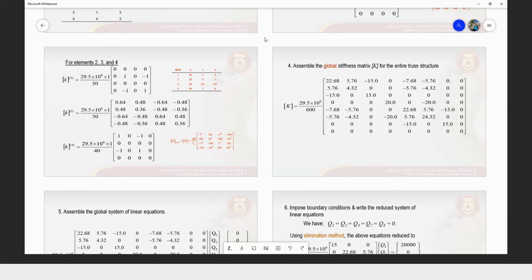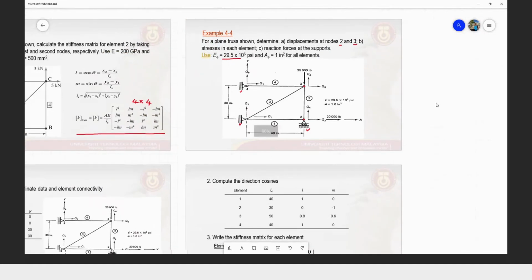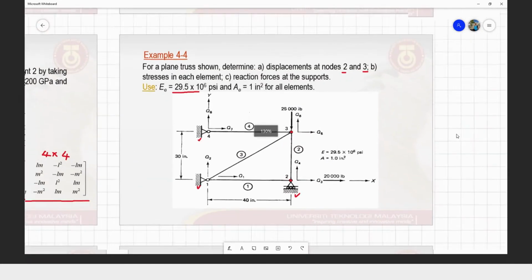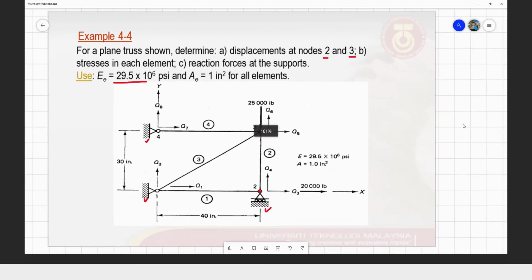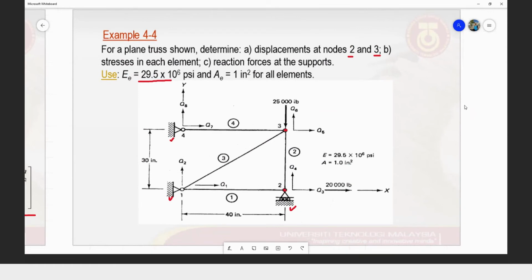But if you follow the approach in the slide, I think it will take a longer time for you to solve the problem. In order to minimize the calculation time, because during the test and exam, students often struggle with the time rather than the theory or understanding of the problem.